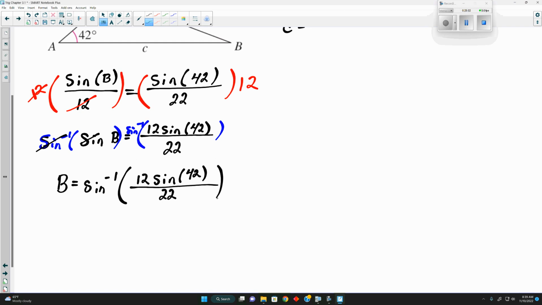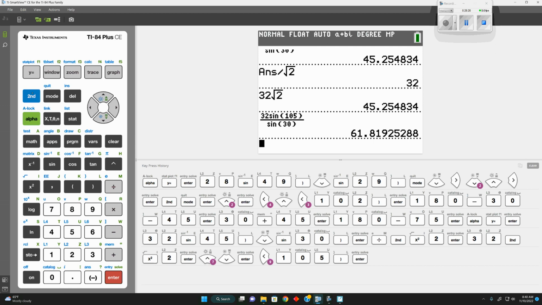This is part of the reason I didn't reduce the common factors of 12 and 22. Because we could have if sine of 42 was a nice number. But we know unless it's 30, 45, 60, 90, one of those multiples, it's not nice. So we're going to end up using the calculator anyways.